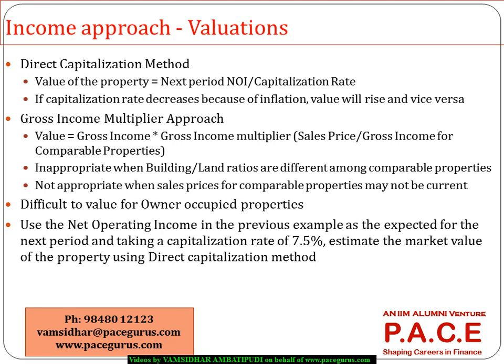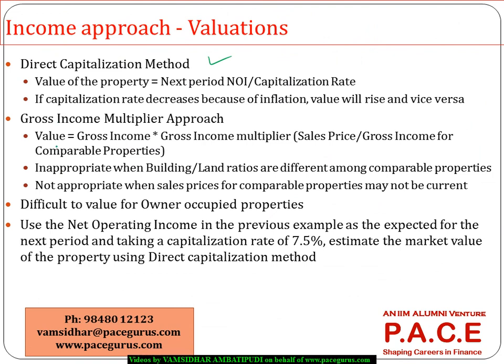Now when I am using the income based approach to value the property, to find out what is the worth of the property, we are using a direct capitalization method, which is straightforward: the NOI which I have got divided by the capitalization rate.